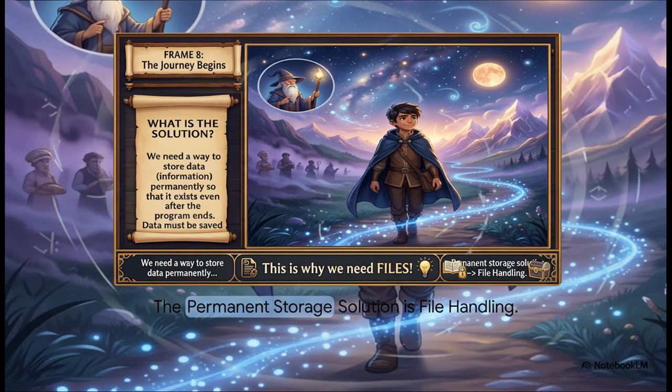See him walking confidently down that glowing path beneath the stars? He isn't running from the fog anymore. He's found the permanent storage solution, file handling. By learning how to read from and write to files, Byte has finally found a way to take the volatile magic of the day and safely lock it away before the midnight reset even hits. His recipes, his books, his progress, they're all safe now.